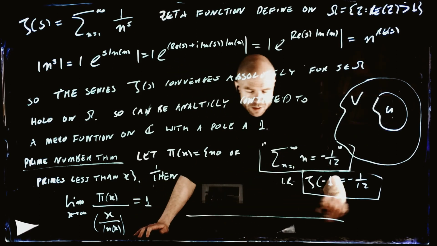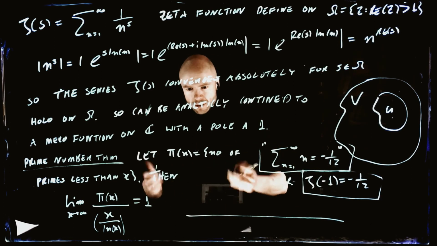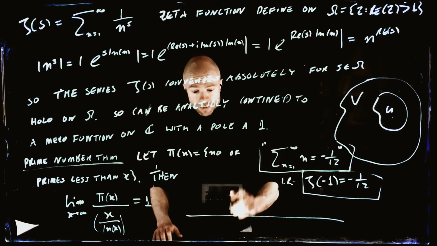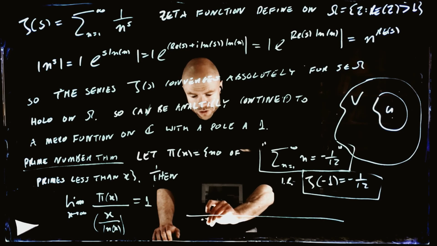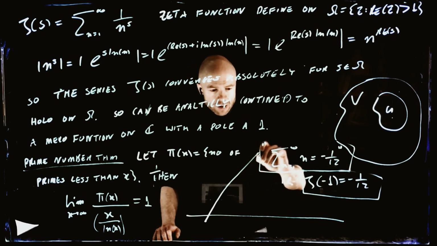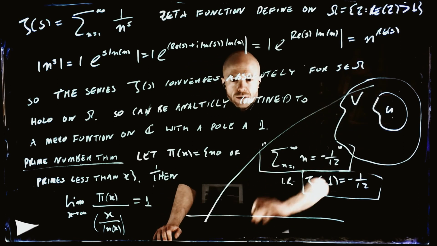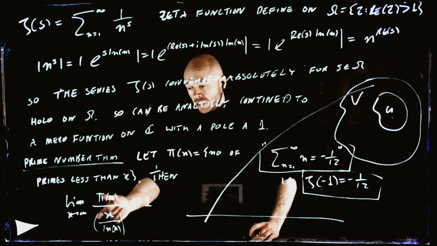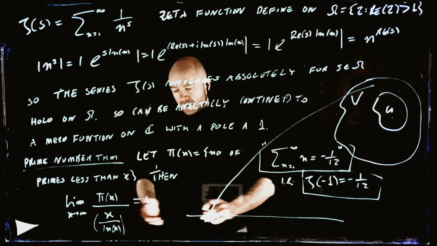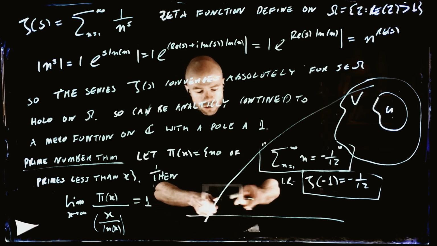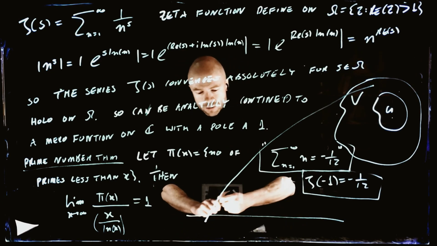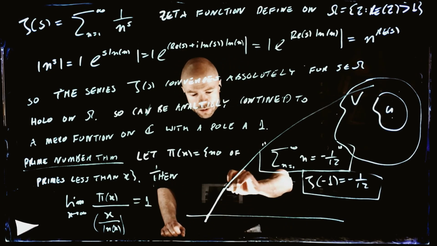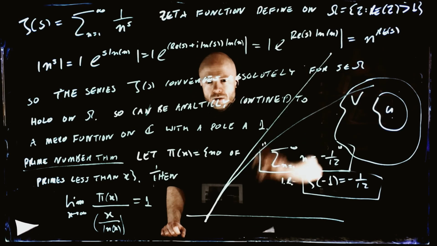I mean, as you know, it's infinite, but this says something about how it's growing. Because what is this function? Well, x over log of x is just being flattened slowly by log of x. This is almost the slowest thing you could do to slowly bend the function y equals x.